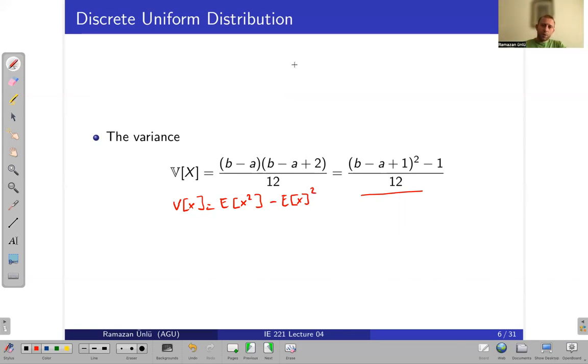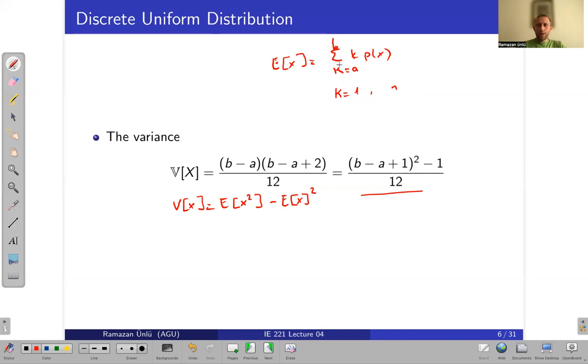And the expected value of x is the sum of k from A to B of k times the pmf of x, right? So let's make it simpler and say k from 1 to n, instead of A and B.